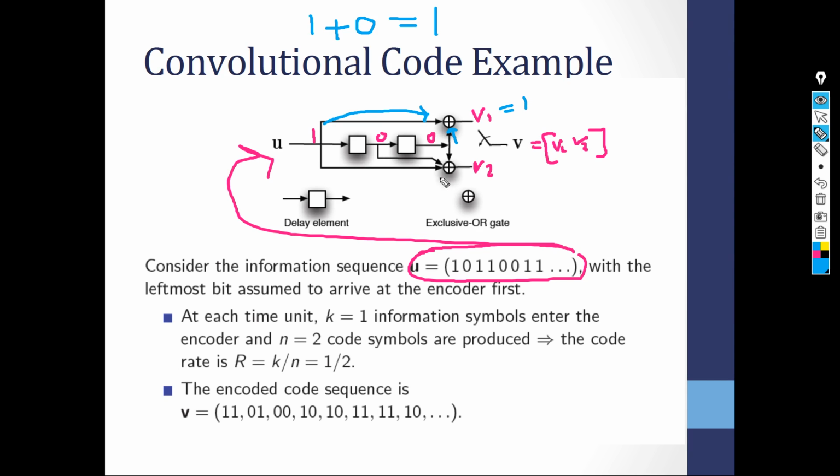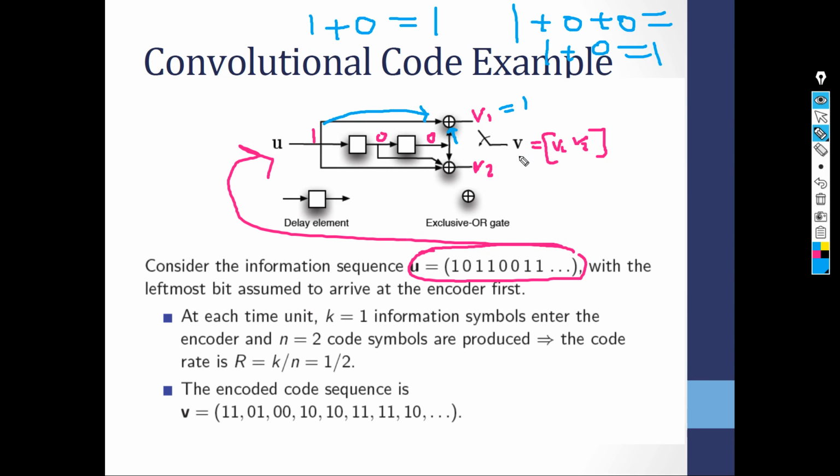For V2, how do you find V2? You take the bit at this position, the bit at this position, and the bit at this position. As you can see, there are 3 arrows. So for V2, you come here, it's 1 XOR 0 XOR 0, and it's equal to 1.